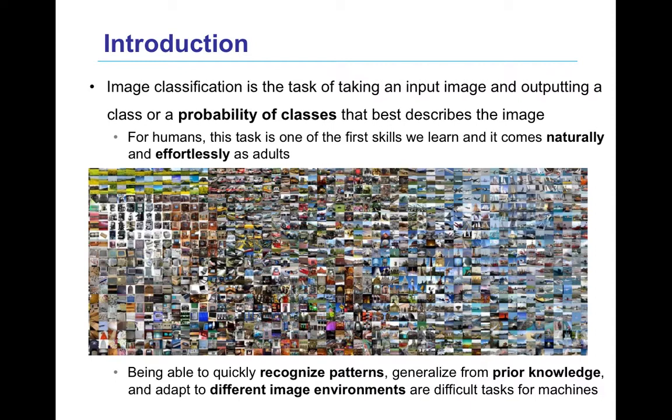You learn that through all day to recognize shapes, and you put it all together to recognize those images. But recognizing patterns, prior knowledge and different imaging environments are difficult for machines to classify. There's a lot of variation in that.